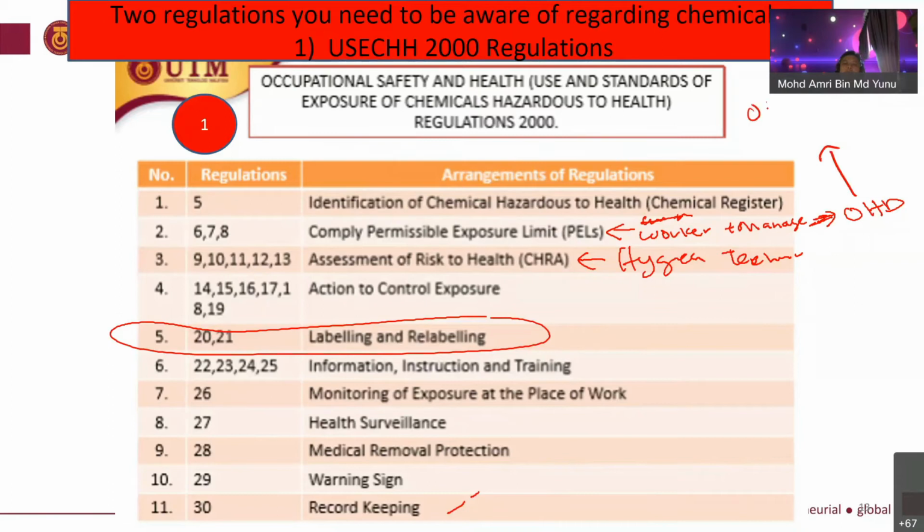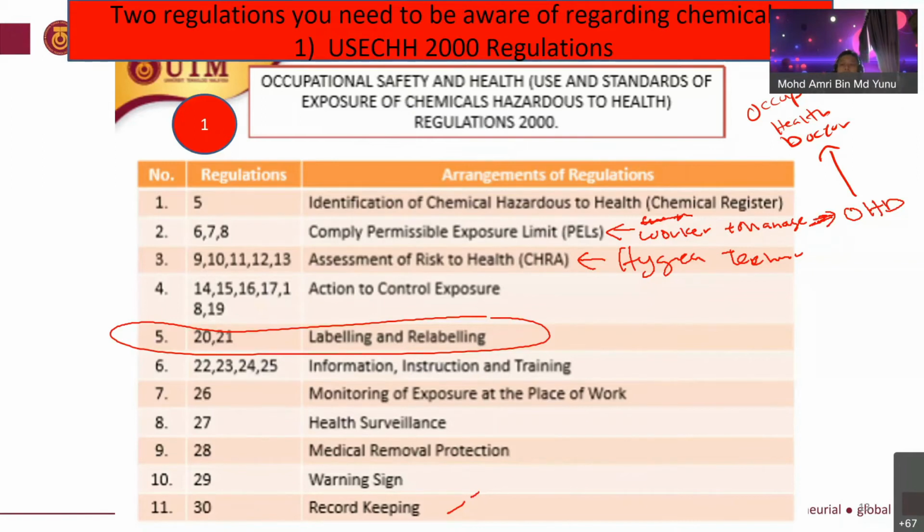OSHD is the occupational health doctor. They are basically doctors, but with certification to focus. Not all of the medical doctors, some of them are certified to do medical surveillance.